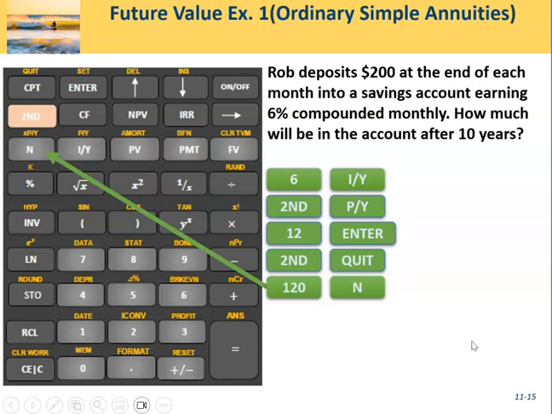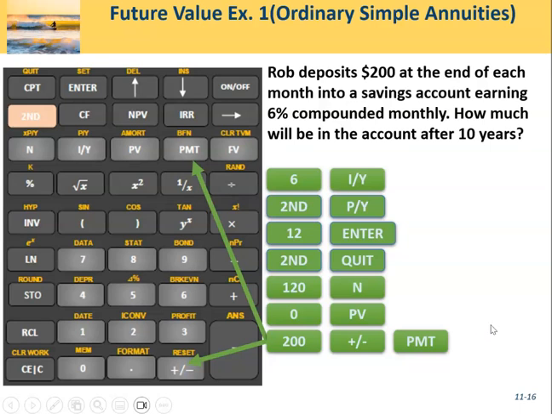And we know again that our N is 12, which is the number of times it's being paid and compounded, multiplied by the 10 years. So we know our N is 120. We know our payments are 200, and those are payments that are going out, right?